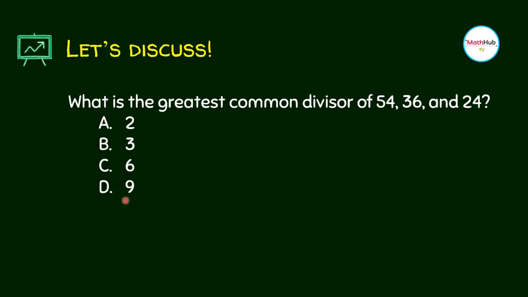It's just a matter of checking if 9 divides all of this. But no, right? Because 9 cannot divide 24. How about 6? Because then that's the next highest. Can 6 divide 54? Yes. Can 6 divide 36? Yes. And 6 can divide 24 as well. So the answer is letter C.